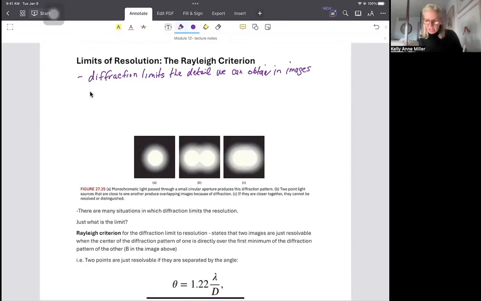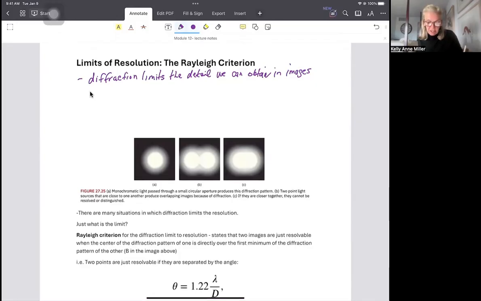So in this picture here, we see the effect of passing light through a small circular aperture. And instead of a bright spot with sharp edges, you can see this fuzzy edge halo effect surrounding the bright spot.